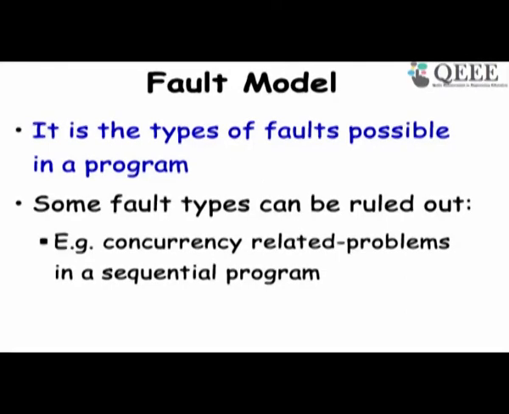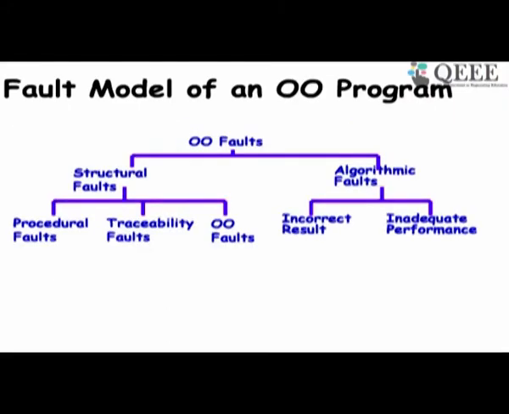A fault model of a program is what are the possible faults that can exist in a program, or with which types of errors a programmer can write a program. Can he, while writing the code, write a plus into minus? Yes. So that's one fault. He can interchange two statements, make a mistake in a decision and so on.